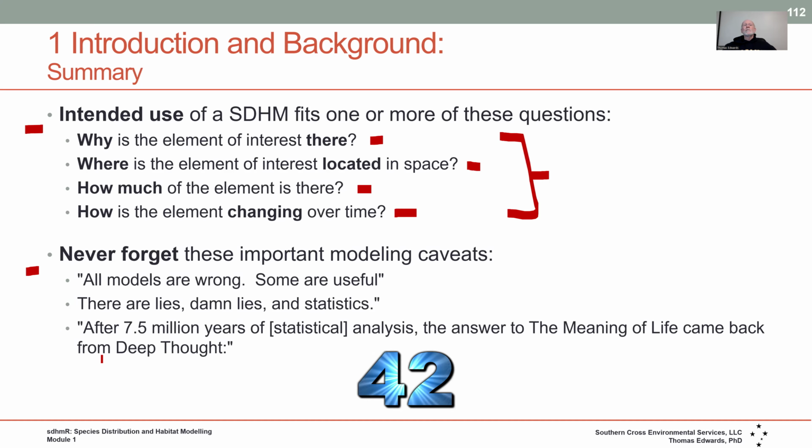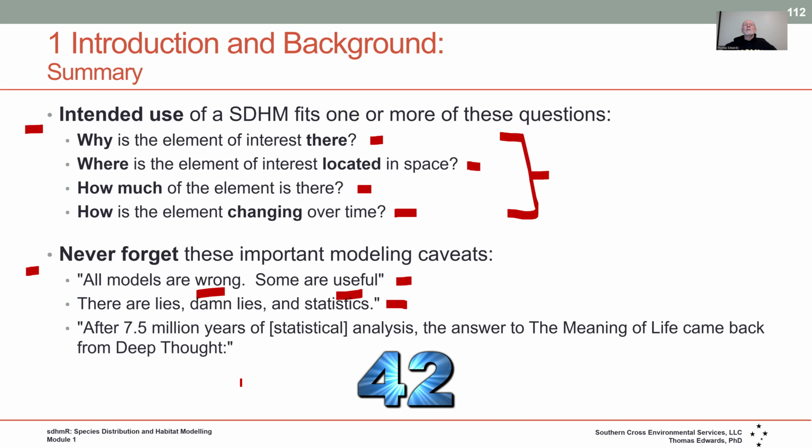Also, there's a host of somewhat ironic, funny, and yet at the same time incredibly true caveats that I don't want you to forget. The first, all models are wrong, some are useful. That is perhaps the most important one. Also, there's lies, damn lies, and statistics.